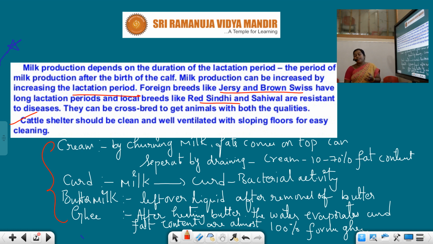Generally Acetobacter is one of the bacteria added to the milk, so by the following day it converts into curd. And buttermilk is the leftover liquid after the removal of butter, and ghee is obtained by heating the butter, so we get a good color and good fat content. This has 100% fat.